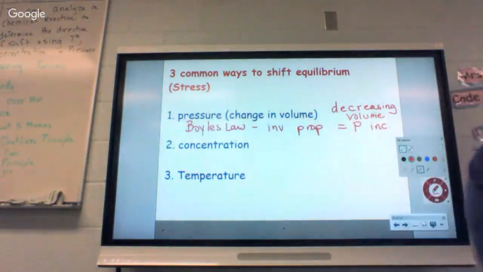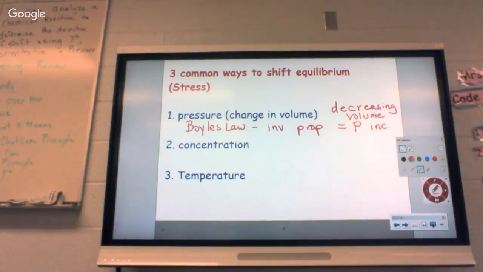Now, I would hope, for your sake, that they would just say pressure increases. However, do they have to say it plainly? No. They could say that volume decreases, because y'all know pressure and volume are inversely proportional. One goes up, the other goes down.